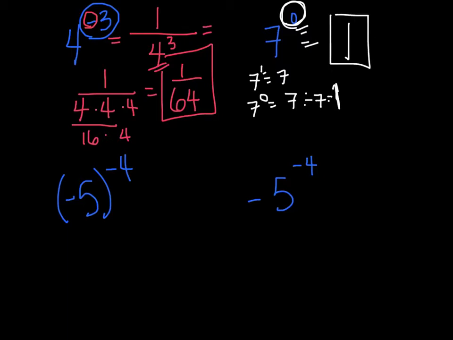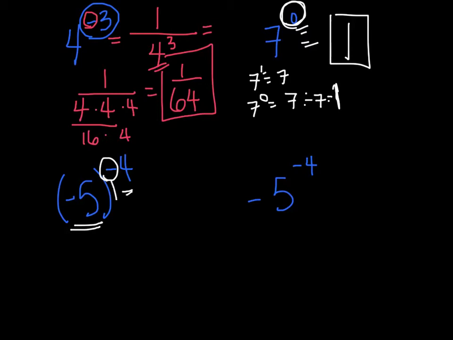Now, here we get into that tricky bit. I know we were having a hard time with this before. Negatives and parentheses and negative exponents, and that sort of thing. And now it's compounded by having a negative exponent in there, and that's always fun. So we have negative 5 raised to the negative 4th power. This negative 5 is inside the parentheses, so everything inside that parentheses is going to be multiplied over and over and over again.